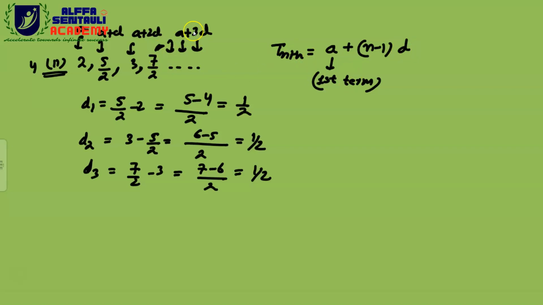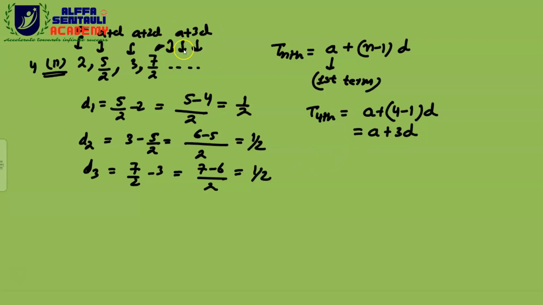Let's suppose we should get this term, right? For the fourth term, we should get A plus 3D, correct or not? So let's substitute 4 here. Fourth term, then A plus, in place of n, we write 4 minus 1 into D. So how much will we get, beta? A plus 3D. So the fourth term will be A plus 3D, correct?